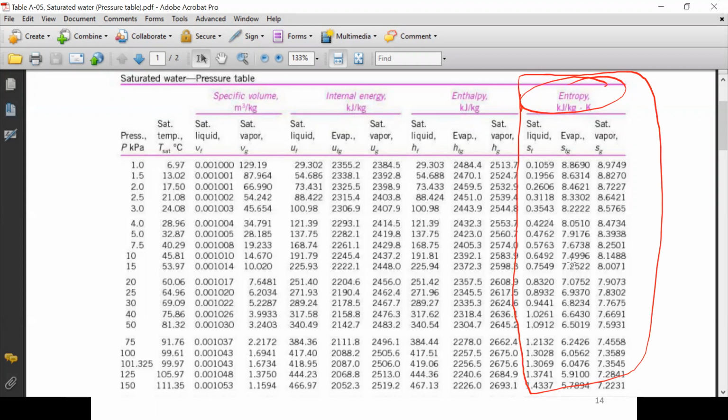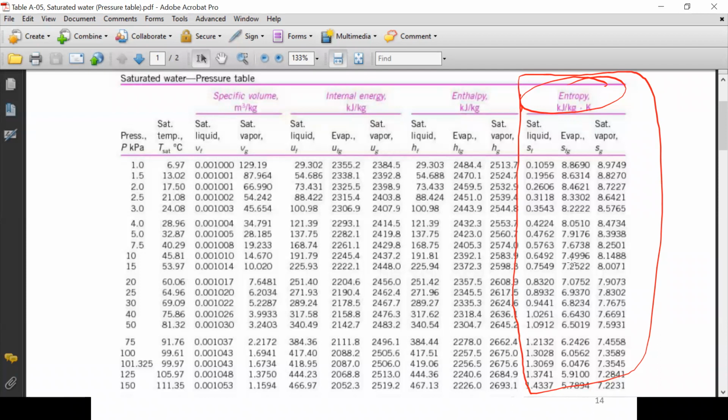Entropy is the measure of the randomness of molecules. The chaos, exactly. More entropy means that you have higher quality energy, because the randomness contains a lot of energy.